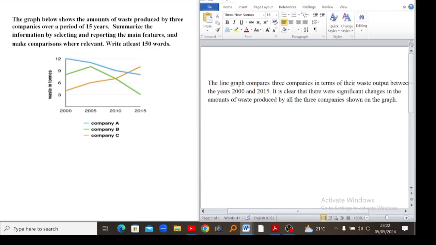Yes, so there were significant changes as you guys can see. So let's first put a contrast here, because as you can see, overall only company C experienced an overall increase in the amount of waste produced, whereas for the other companies it was more of a decrease. So let's just write that down.